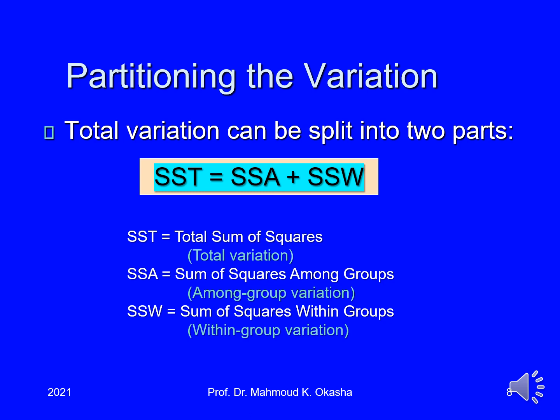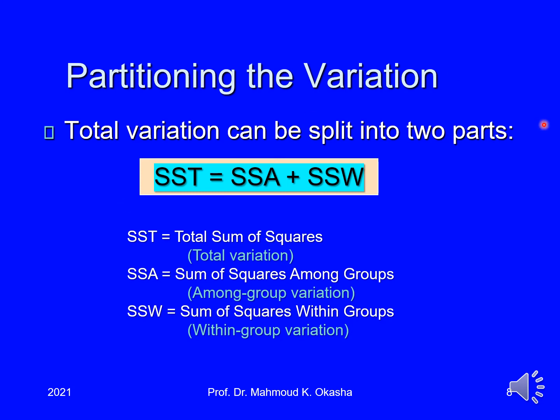How do we partition the variation? We have the total sum of squares. Sum of squares is the square of the difference between each observation and the group's mean.